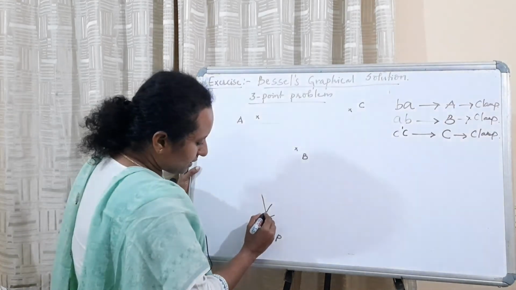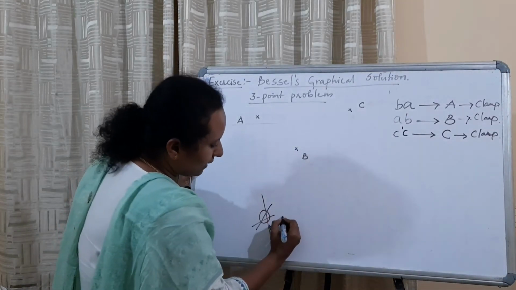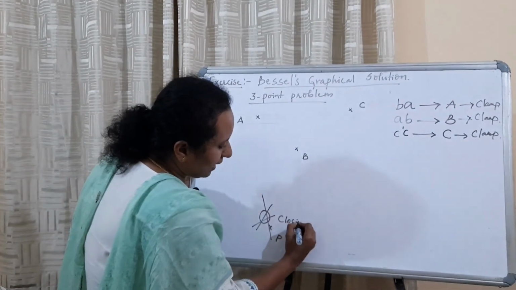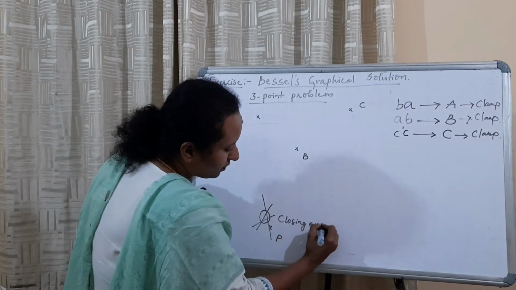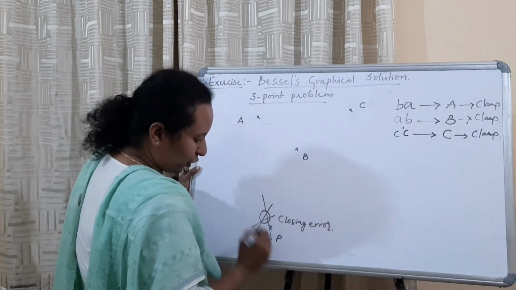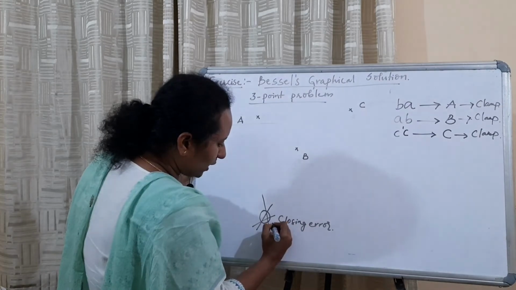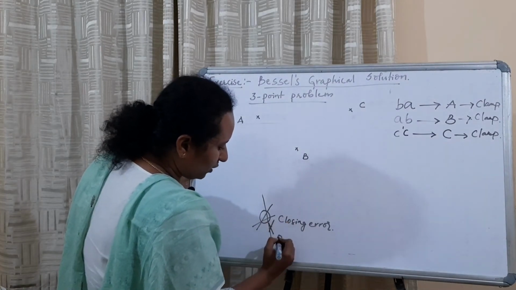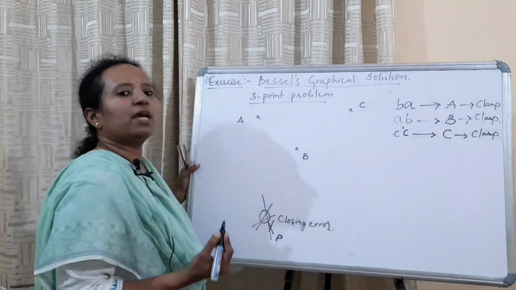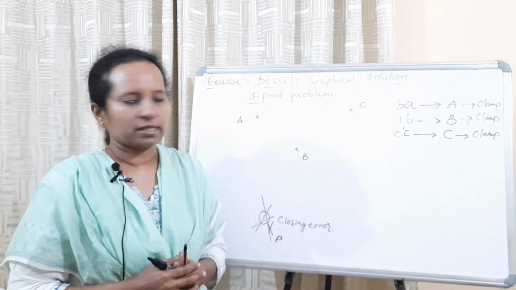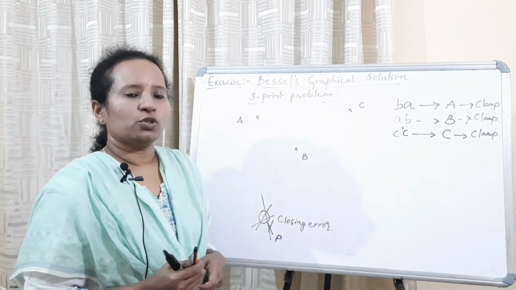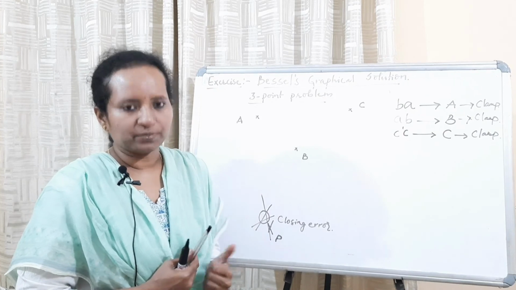That means there is a small error. This error is called the closing error. If not, all the 3 lines would join at this point, which is nothing but point P. I hope you have understood the concept of orientation using the 3-point problem. Thank you.